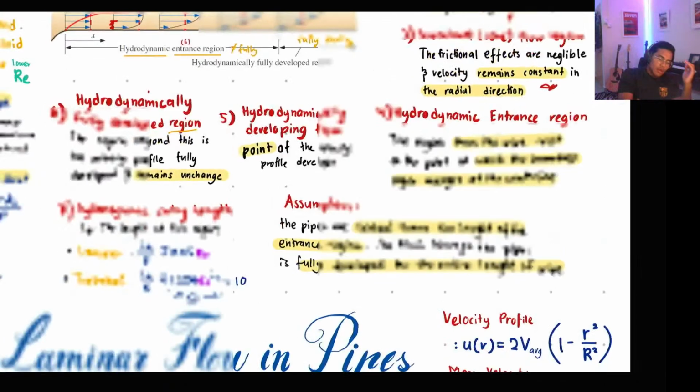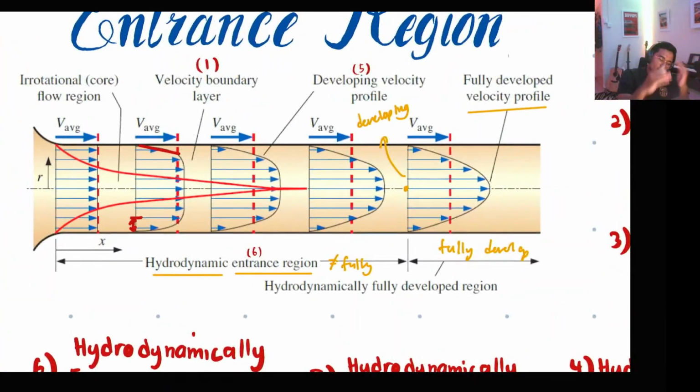What we are assuming right now is that the pipe is longer. What we don't want to assume is that the pipe is shorter than the hydrodynamic entrance region. So the pipe needs to be longer, so there is much more area where the fluid is fully developed.